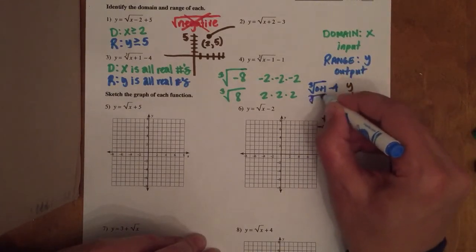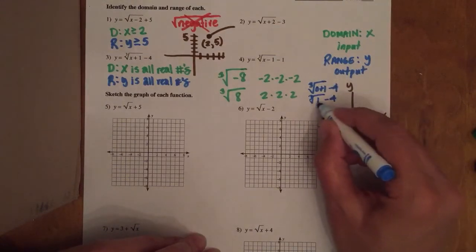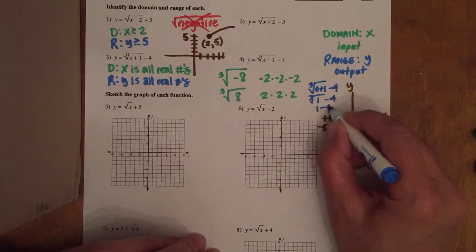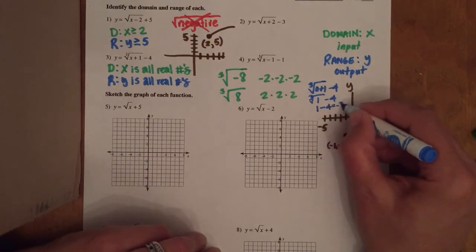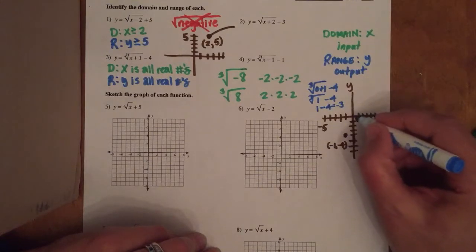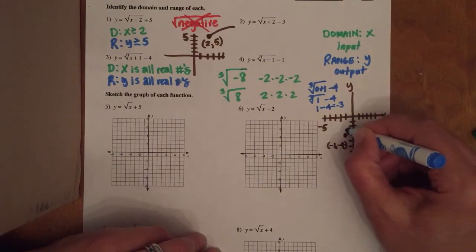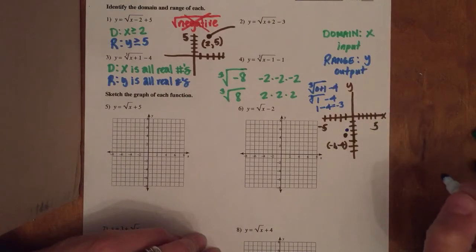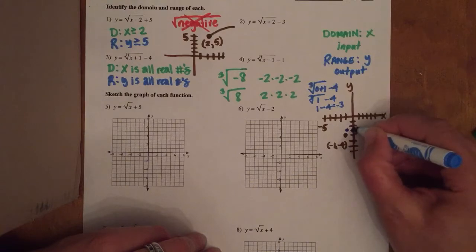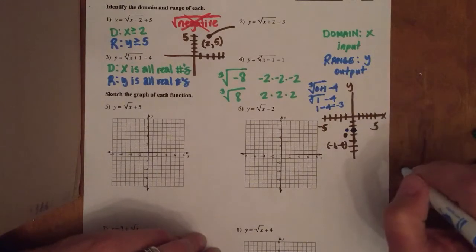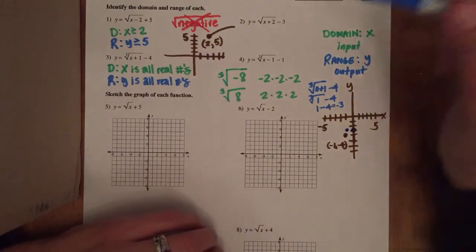The cube root of 1 is 1. So I've got 1 minus 4, which is negative 3. So that means that I have a point at 0, negative 3, because 0 is what we plugged in.